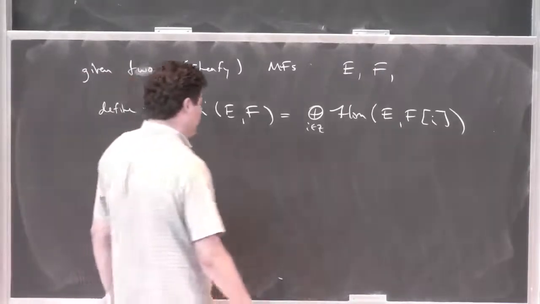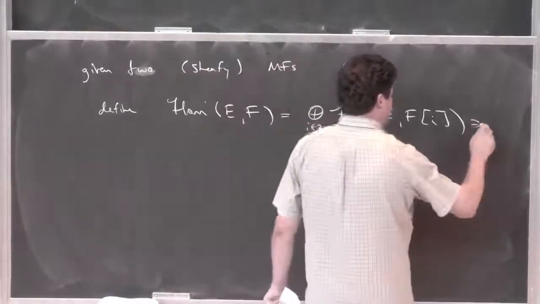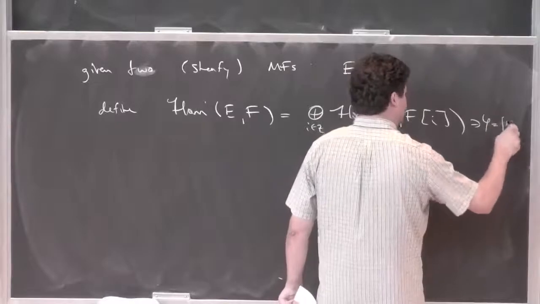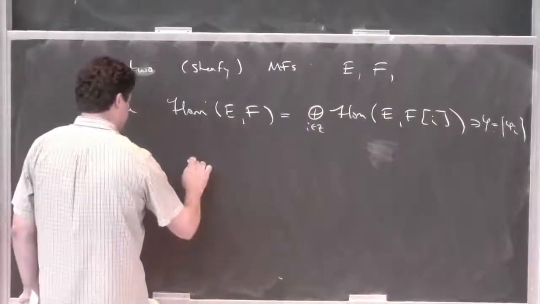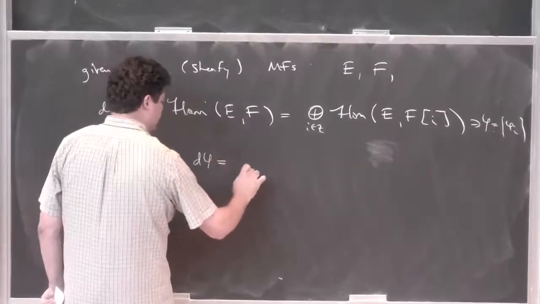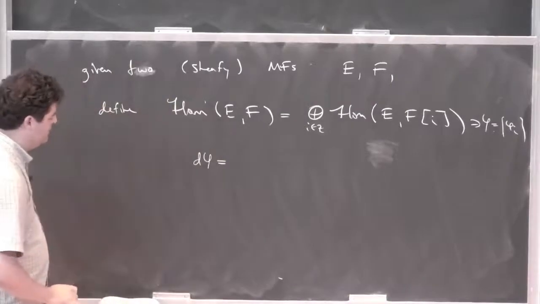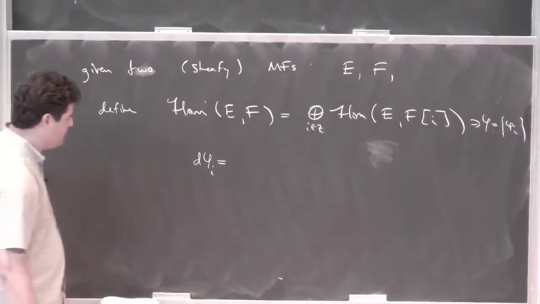And if I have some phi which is given in components by some phi i's, then I'm going to declare d phi to be what you expect.